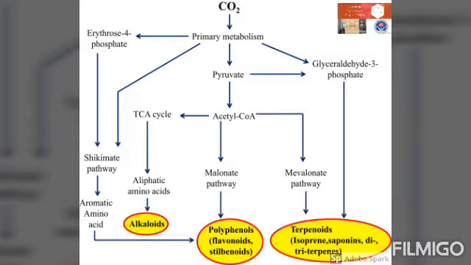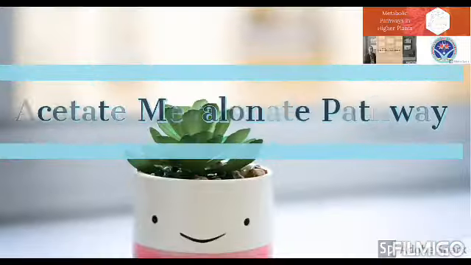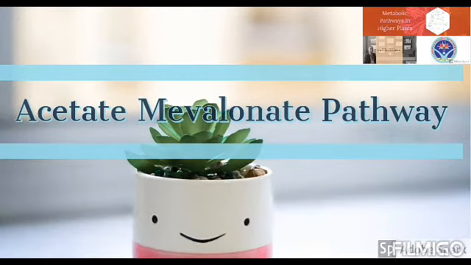Among them, the two most important pathways in which acetyl coenzyme A plays an important role are the acetate mevalonate pathway and the acetate malonate pathway. So, let's first study the acetate mevalonate pathway.